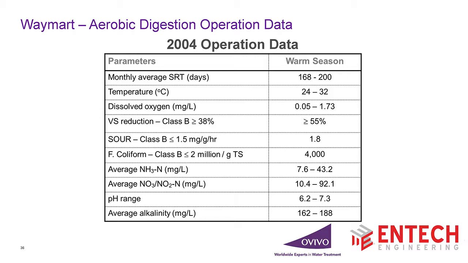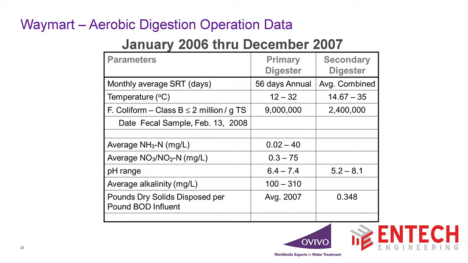The SOUR, a little higher than the requirement, but still pretty good. Fecal coliform, extremely low. A little bit of trouble for the operators maintaining that nitrification, but certainly some of those numbers indicate the ability to nitrify and denitrify, and later on they got a better handle on it. Pretty good pH range, again, not adding alkalinity to it. Brian, next.